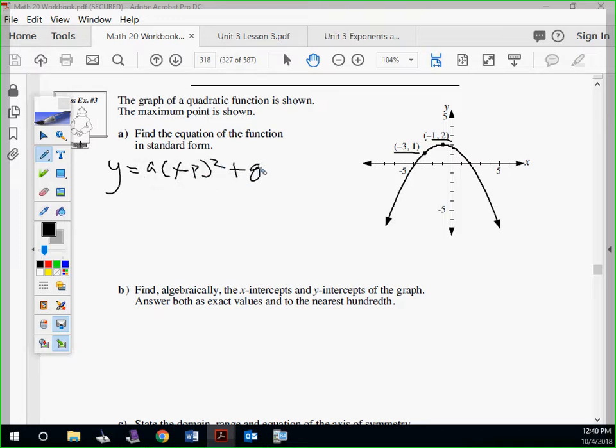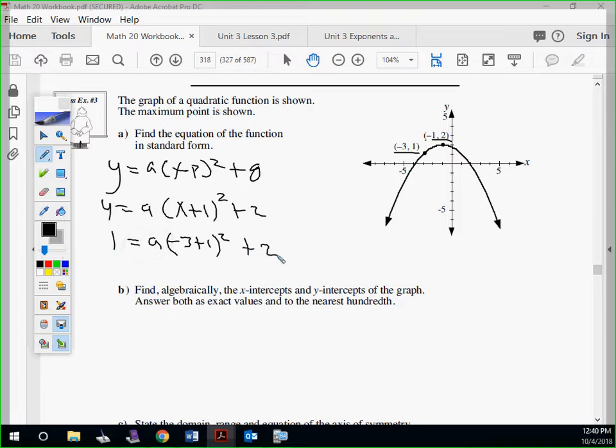My p is negative 1, so that means I put x plus 1 here. My q is 2, so it's plus 2 here. The point I'm going to use is negative 3 and 1, so I'm putting a negative 3 in for x. I don't know a, we'll find that. My y is 1, and I still have the plus 2 here.